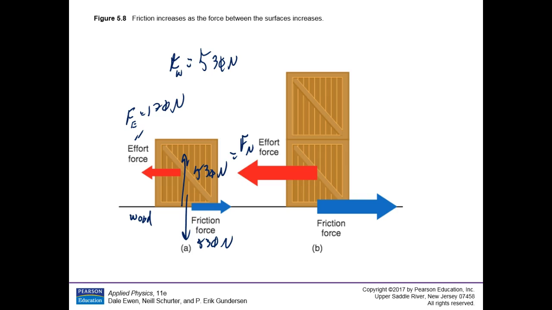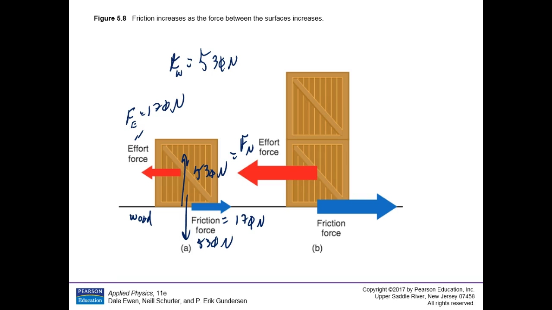frictional force, and that, by the way, this is the effort to keep it moving. That means your frictional force, if it's not accelerating and not increasing speed, is also 170 newtons. So you see, your effort force, if it's moving at a constant speed, has to equal your friction force.